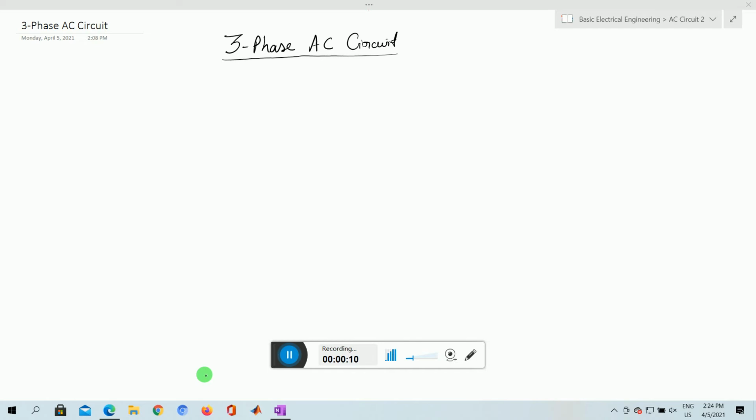When we write any phase, we write it like VRN. Let us say we talk about the R phase. Let me draw one coil. It represents the source of generation of that phase. Or we can represent it like this: this is one generation of R phase, this is the phase and another one is neutral.